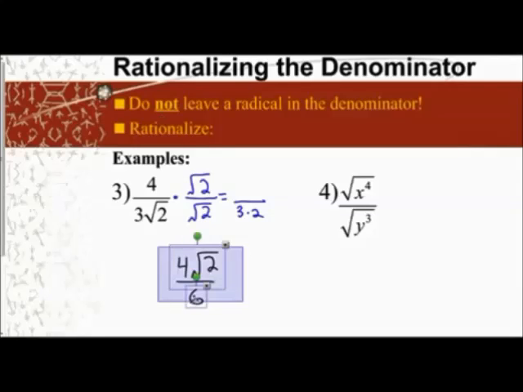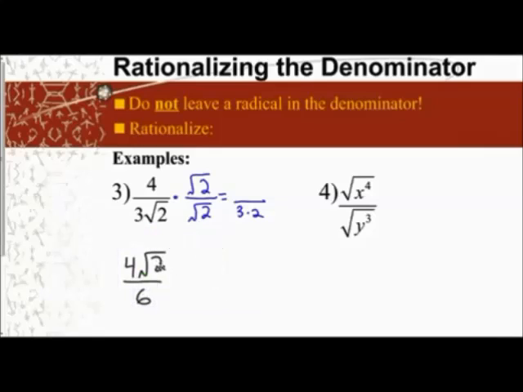We do need to be careful with our simplifying. Remember, this 2 is protected. However, the 4 and the 6 is just like the fraction 4/6. You know, how would you simplify the fraction 4/6? Well, they're both even. And so I would take out a 2 from both.